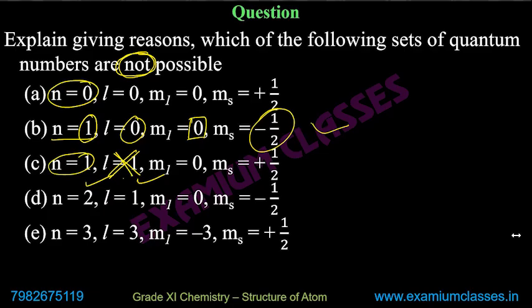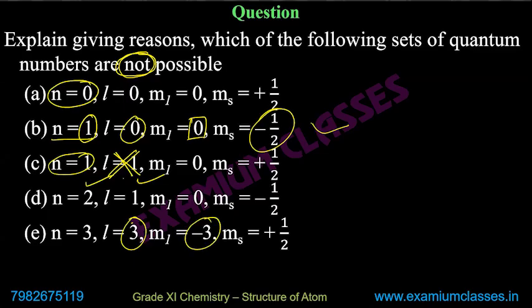Sir, there can be two answers for this question, right? We can say that ML can't be -3. There can be two, but one is the main answer because I know what you are saying. You are saying that this is not possible and this is also not possible.